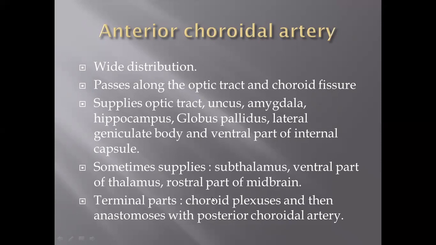Then its terminal branches will supply the choroid plexus, and it will end by anastomosing with branches that are going to be coming from the posterior choroidal artery. Right. So the anterior choroidal artery has a very large distribution.